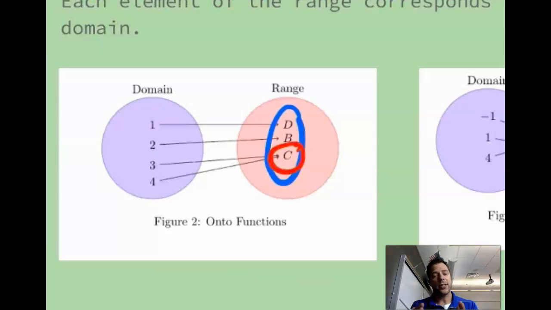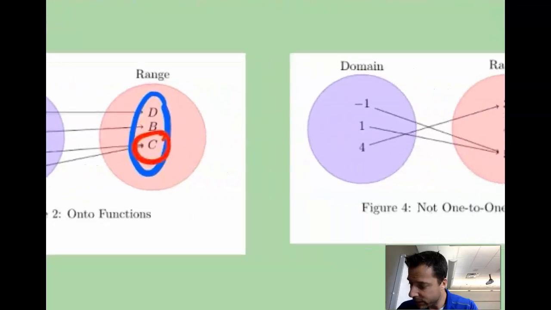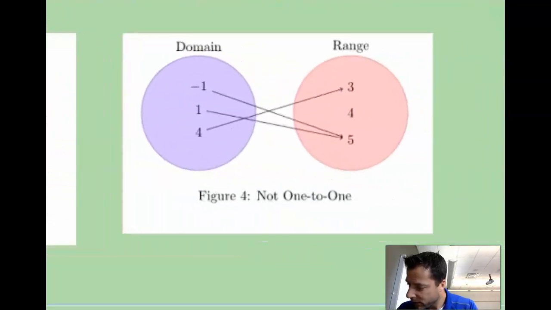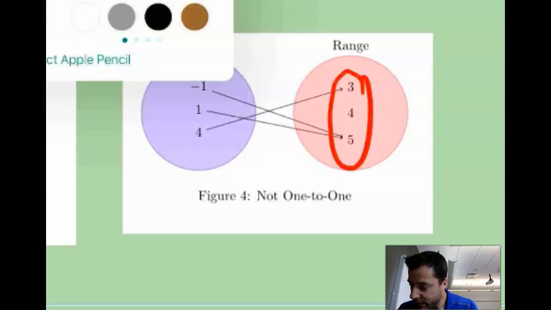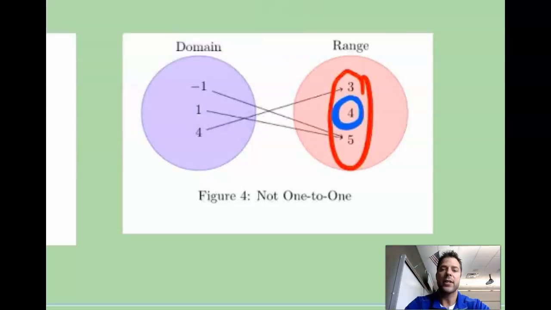Notice that in our range, we're looking at, does it have a buddy? So let's look at our second example, and if you look here in the range, guess what value doesn't have a buddy? 4 doesn't have a buddy. This function is not onto because it doesn't have a buddy from the domain. It's got to be paired with someone from the domain.